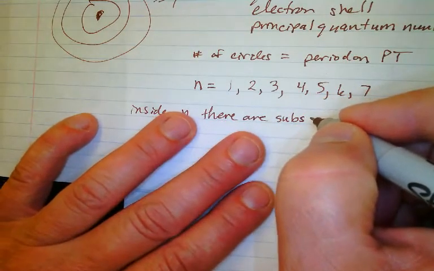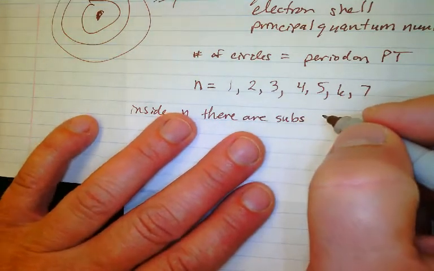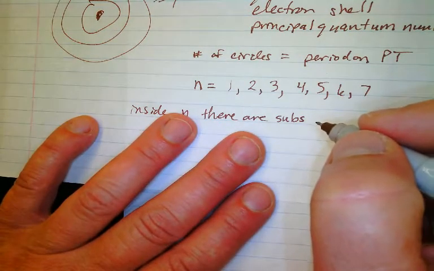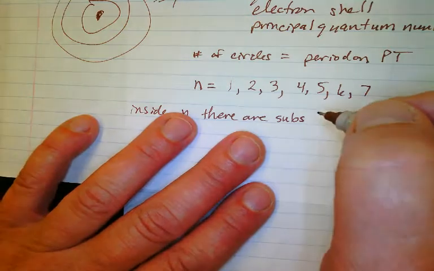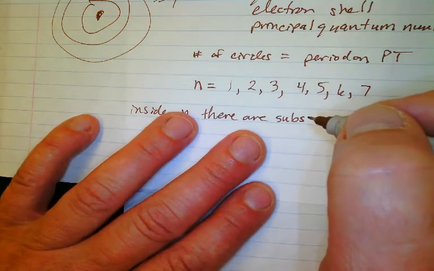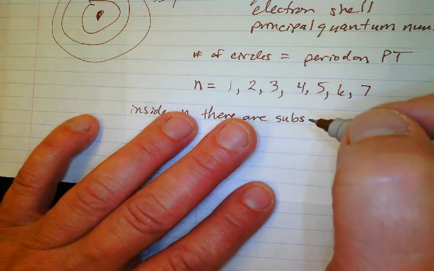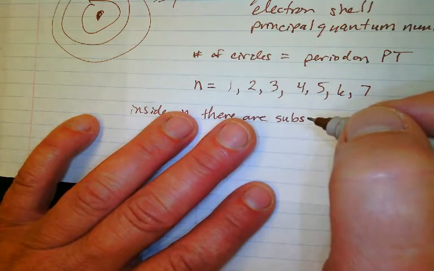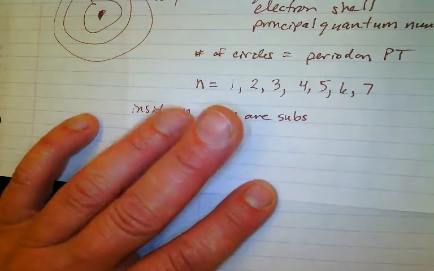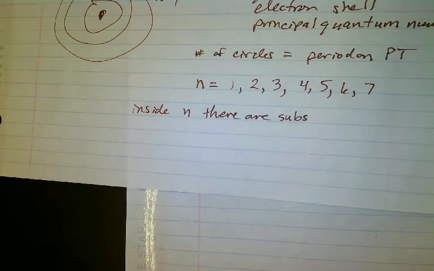Where does it say that? On the page. I do not see n equals 8. Oh, because I can excite the electrons in 7 and get them to go to 8. 8 is fleeting. Good point.